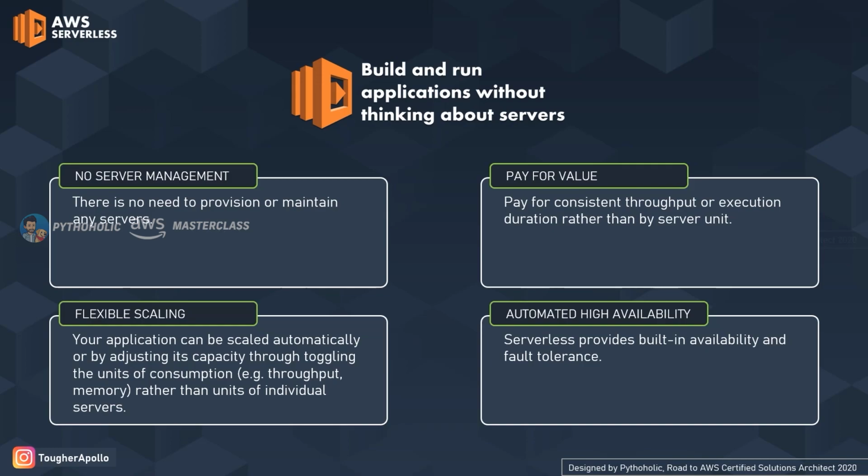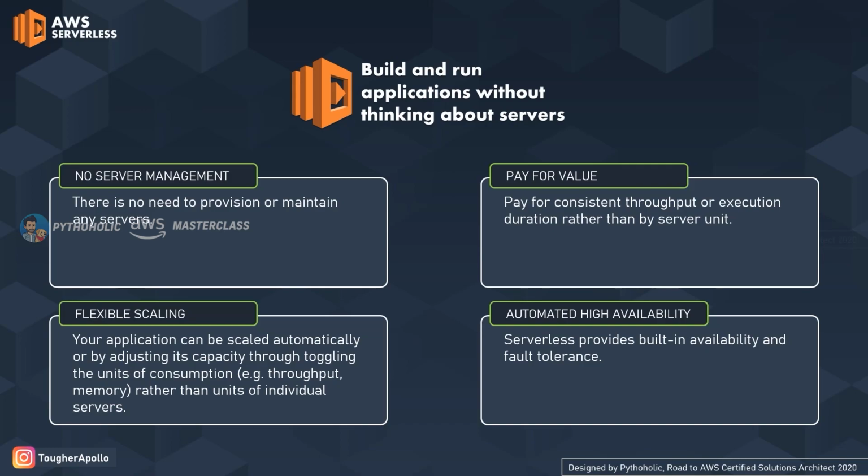Remember that you have to pay for consistent throughput and execution duration rather than by the server unit itself. So you only pay for the request transaction and AWS charges you for only that and not for the server usage itself. Remember that. For every transaction that you make or every consistent throughput or execution that you make, you will be charged for that itself.